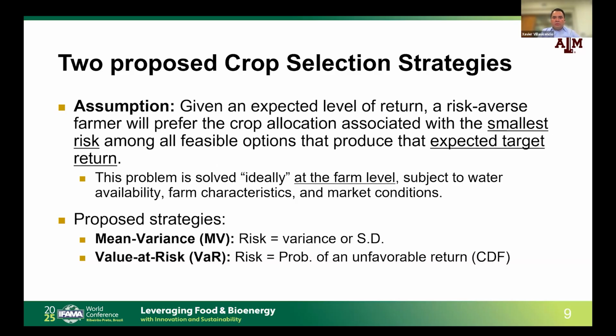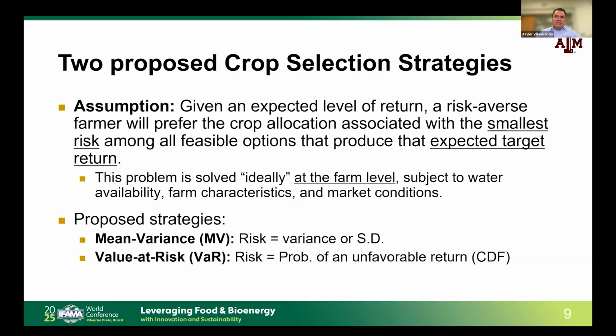So we are going to assume that there are many alternatives in which I can obtain the same expected return, but in theory, and also in practice, we can demonstrate that there is one allocation of crops that is optimal.